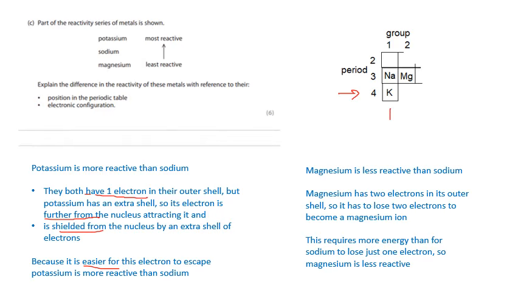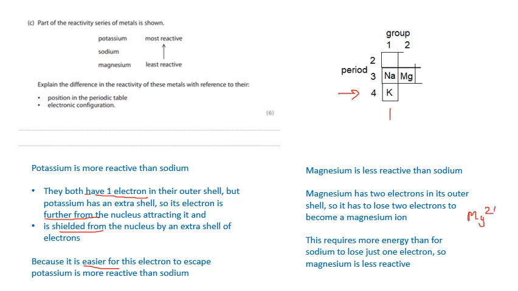Next, magnesium is less reactive than sodium. Why is it less reactive? Magnesium and sodium are both in period 3. However, sodium is in group 1, magnesium is in group 2. And that means for magnesium to become Mg2+, it's got to lose 2 electrons.